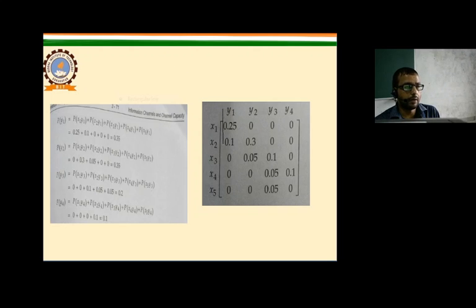Now in that, if we add these terms, we get py1. If you add this one, we get py2. If you add this one, py3.